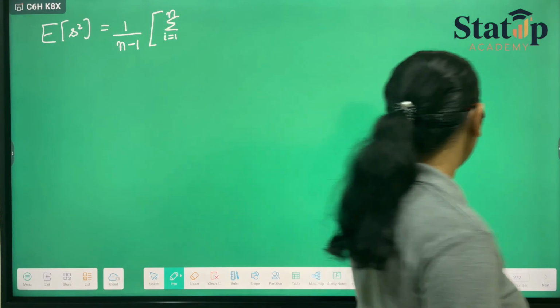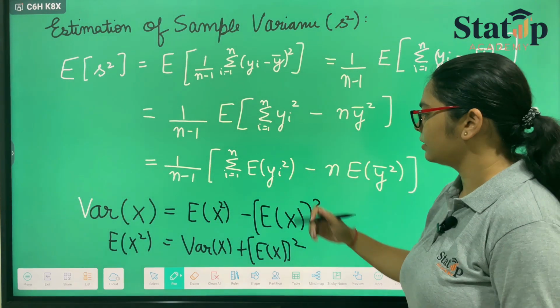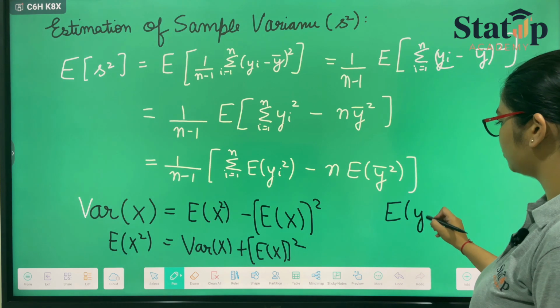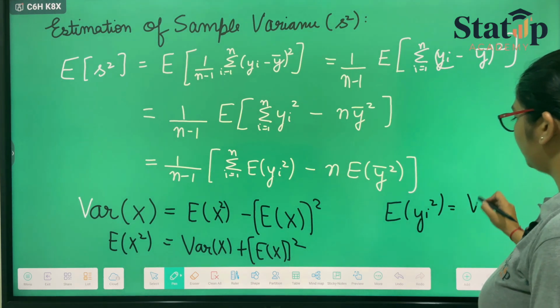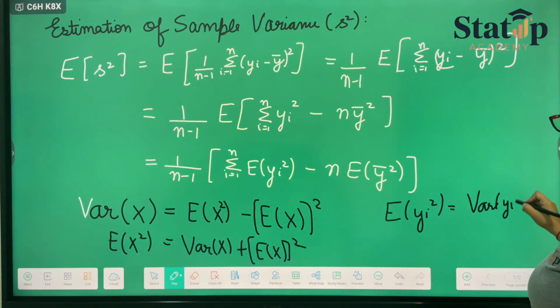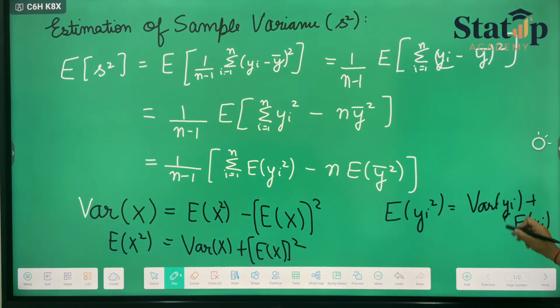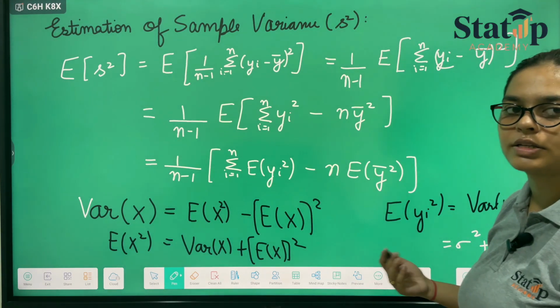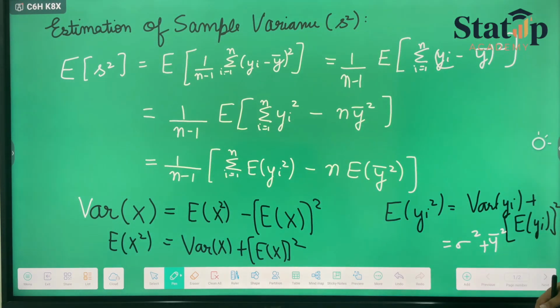Now estimation of yi square is equal to variance of yi plus estimation of yi whole square. We know that variance of yi is nothing but sigma square, and the estimation of yi is nothing but capital Y bar. These two derivations we have done in yesterday's class, so you can look at that lecture if it is not understandable.